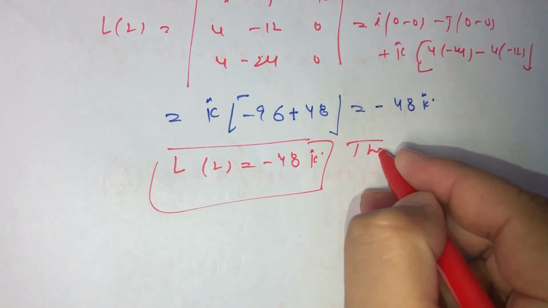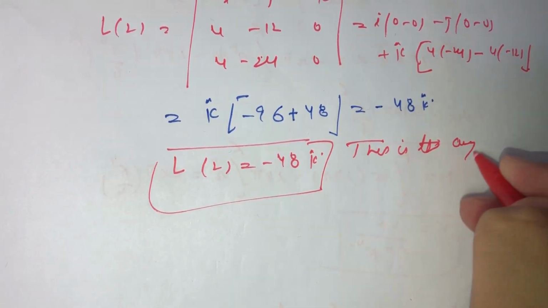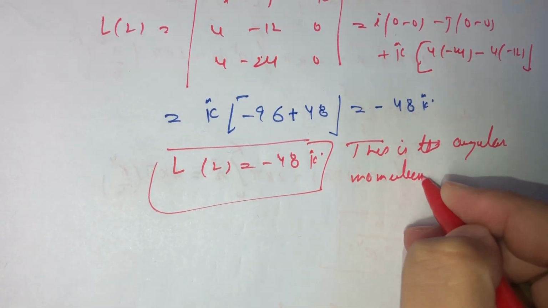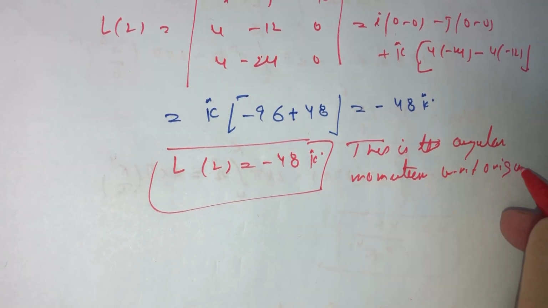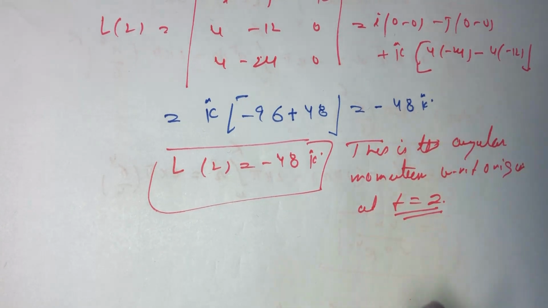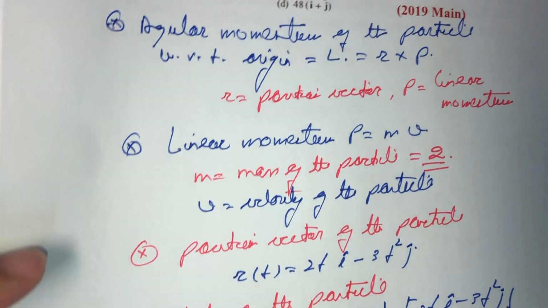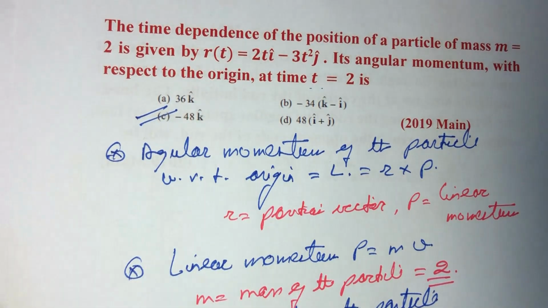So this is the angular momentum with respect to origin at t is equal to 2. Checking the options available to us, option C is the correct option.